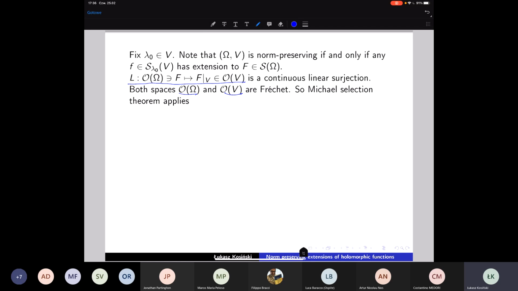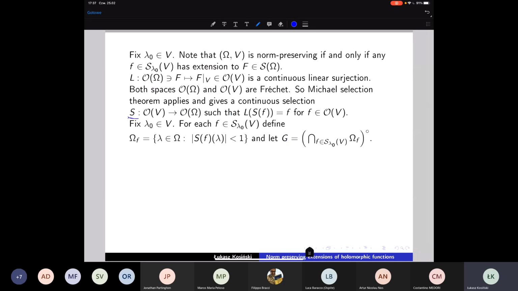It says that if we have a continuous surjection between such spaces, and we know that it is continuous and linear, then we can find a continuous selection, which means that there exists L on Y with values in X such that S of L of Y is equal to Y for each Y. And here L is continuous. So this is the classical Michael selection theorem, and it can be used here.